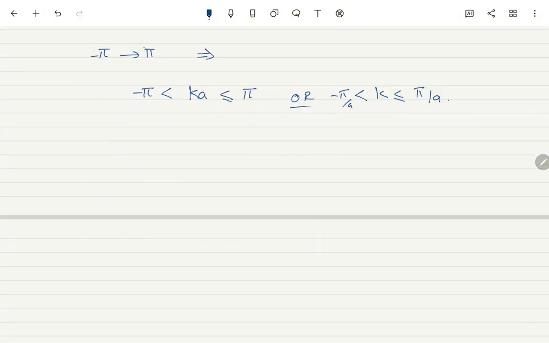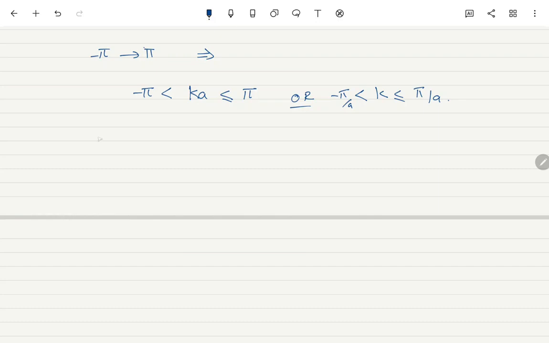Now we actually focus on the first Brillouin zone, because if someone wants to treat the value of K outside the limit, now by subtracting the integral multiple of 2 pi over a, you will get back to the wave vector inside these limits.